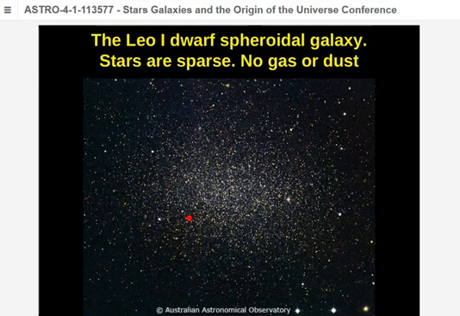They form similar to our own Milky Way, clumps of stuff coming together, including ordinary matter that turns into stars. But the first generation of stars included some massive stars, of course, and those massive stars blew up. And when they blew up, the supernovae were so powerful that they actually blew the gas right out of the galaxy.